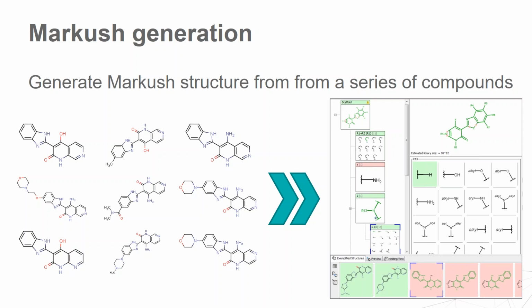So you identify a scaffold, and after that you try to find some R group definitions, or the tool can help with it. For example, we are able to automatically identify the optimal scaffold, and after that we are able to automatically generate the corresponding R groups and the R group definitions.